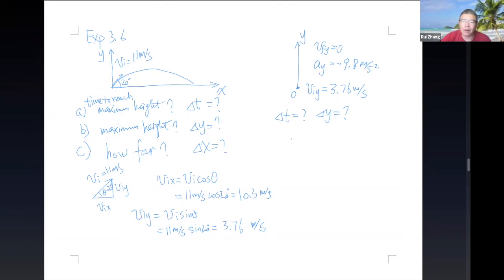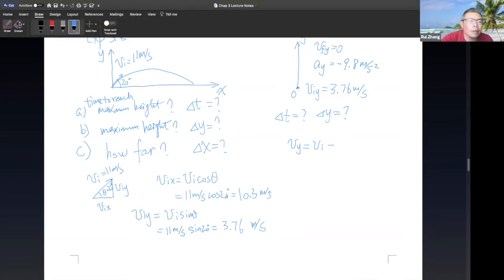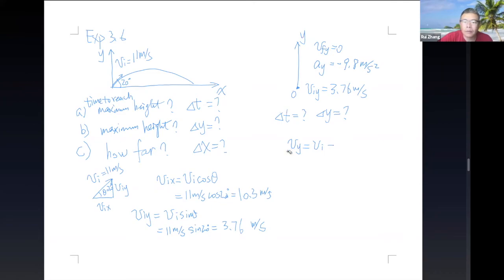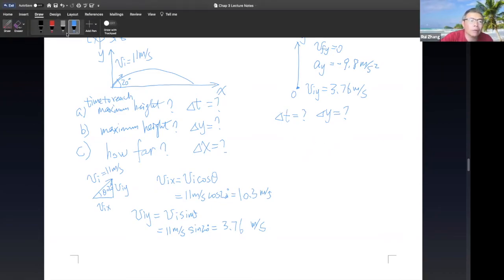First one is about velocity. Let me erase it. I need to fix my eraser, but okay, this works for now.